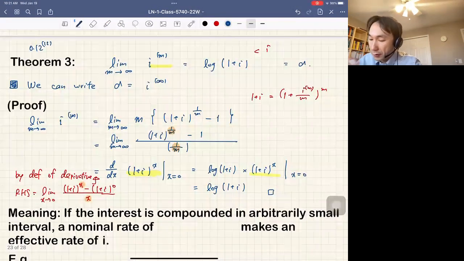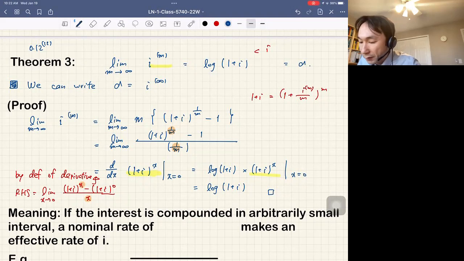So you can see that if the nominal rate i superscript m is log of 1 plus i, then effectively that becomes i if m is very large.